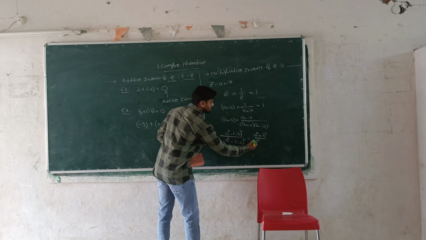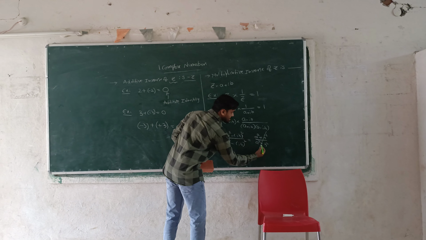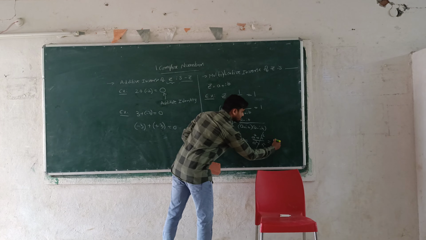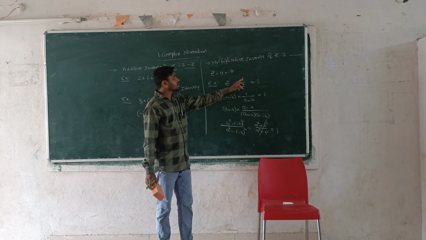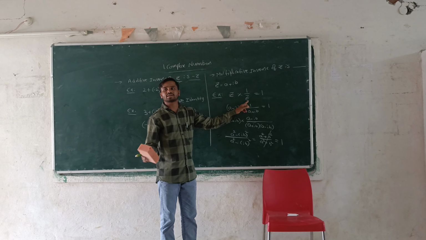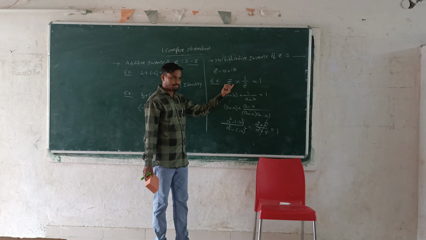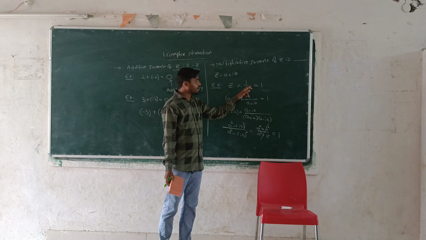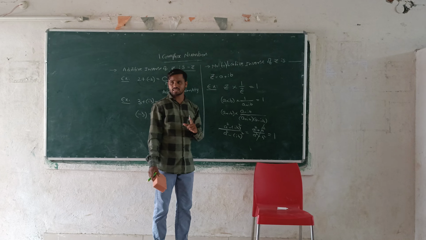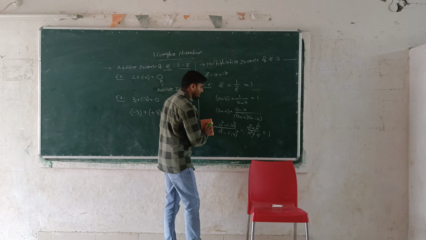So minus 2 i b plus 2 i b, these two cancel. So it is equal to how much? 1. Which means you are getting 1. Which means 1 by z is the multiplicative inverse of z, and z is the multiplicative inverse of 1 by z. Yes or no? So keep that in mind.